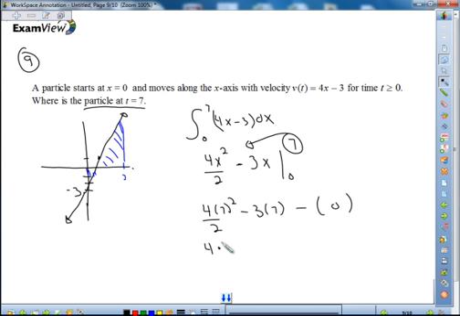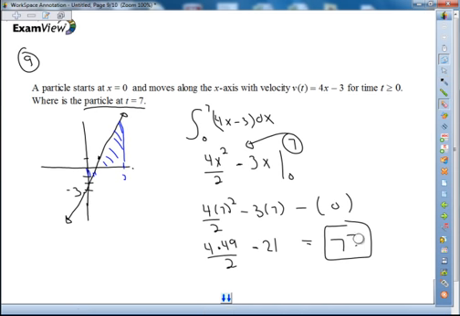So I'm going to have 4 times 49 divided by 2 minus 21. And that would be 77. So where is the particle at t equals 7? The particle is 77 units to the right of where it started.